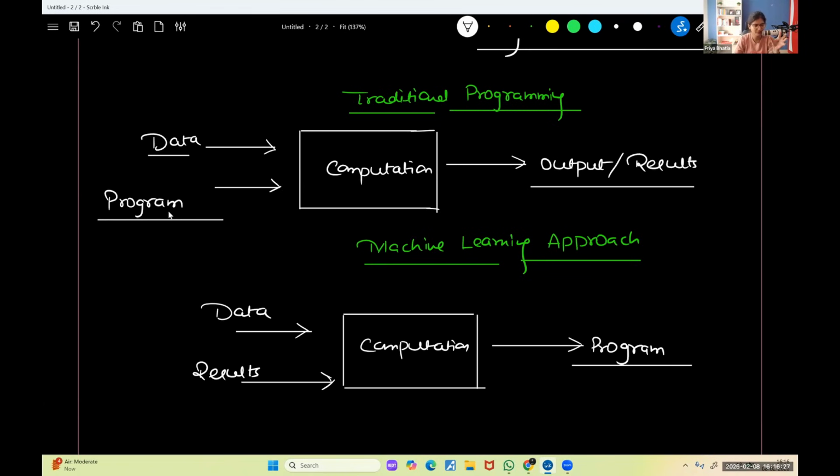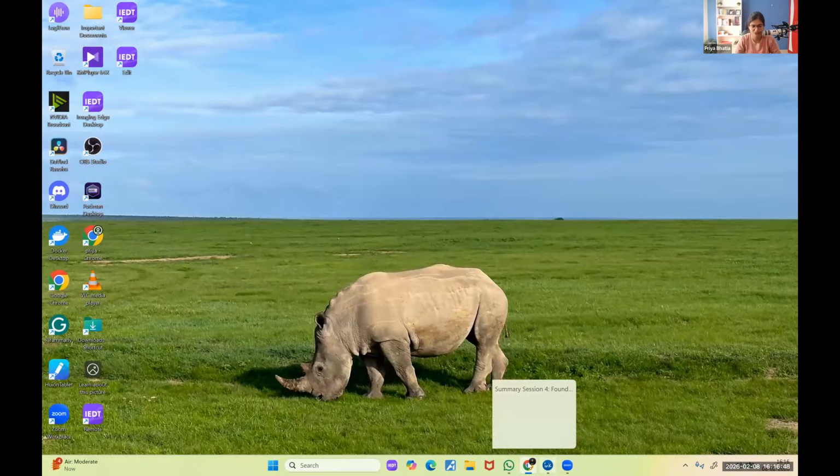Over here, we will have the labels, and based on that, implicitly it will process and give us the Python program corresponding to it. Are you getting my point? Is this clear to everyone?